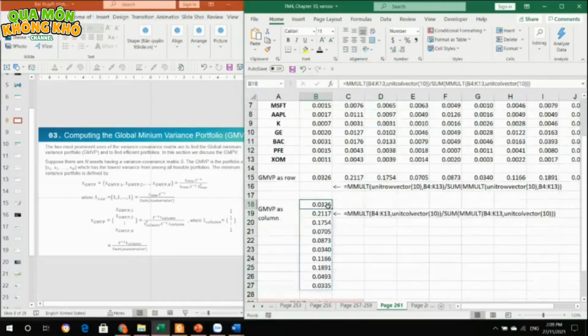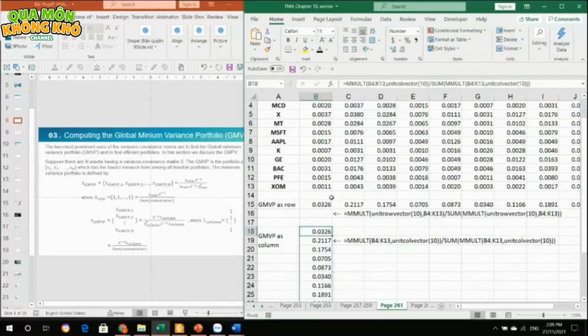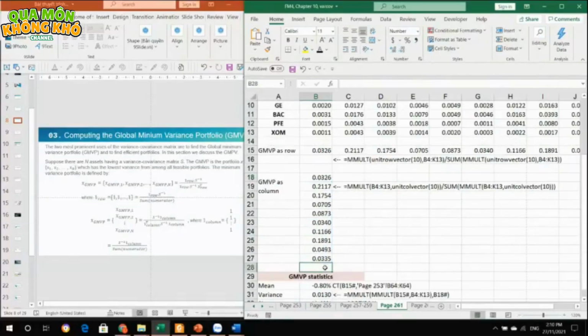So I think you guys already studied financial investment, and you know about portfolio optimization. In portfolio models, the most important factor is the allocation. So can you explain for us about allocation?